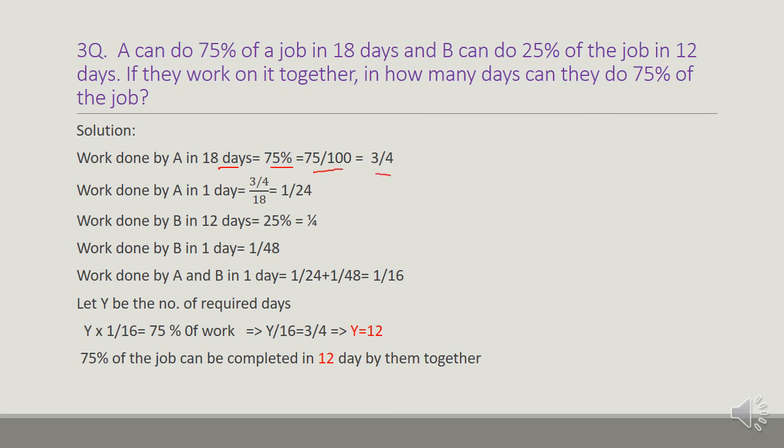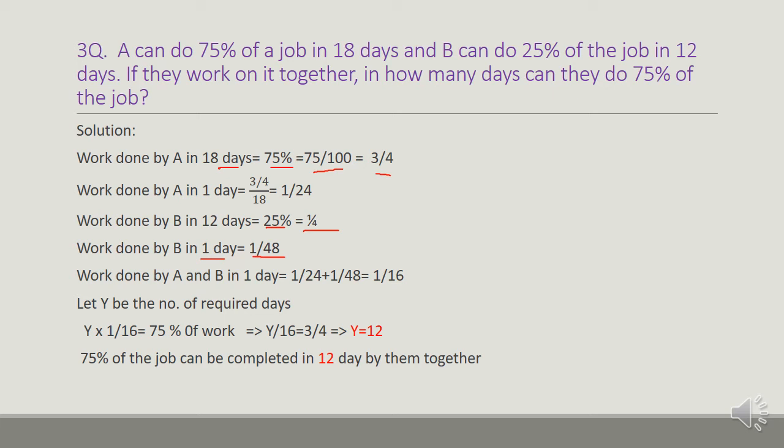Then the work done by A in 1 day is 3 by 4 by 18, which is equal to 1 by 24. And work done by B in 12 days is 25%. Here 25% is equal to 25 by 100, which is equal to 1 by 4. Then the work done by B in 1 day will be 1 by 48.